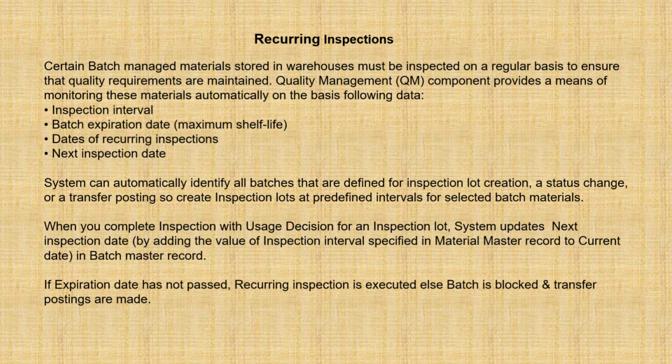After a certain interval of time, I am doing the inspection to check whether this material is still good enough to be sold or not. That is the inspection for the batches we deal with.